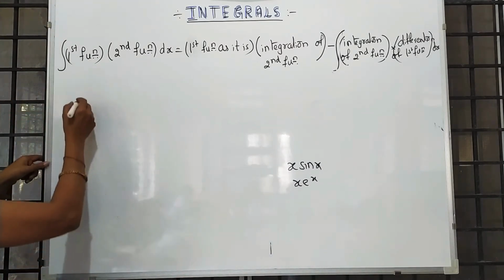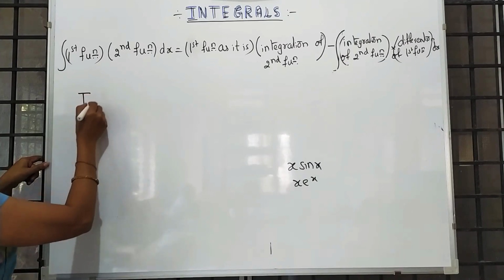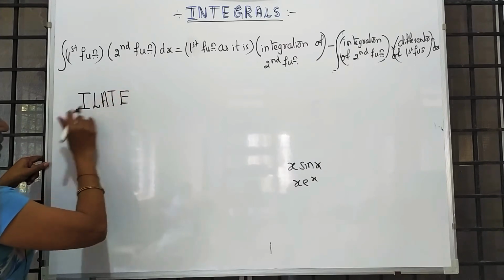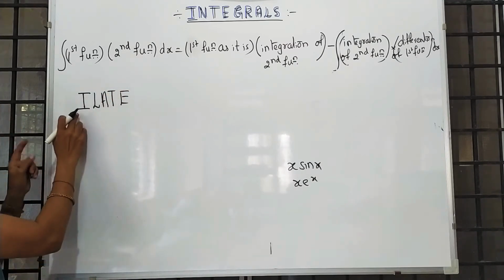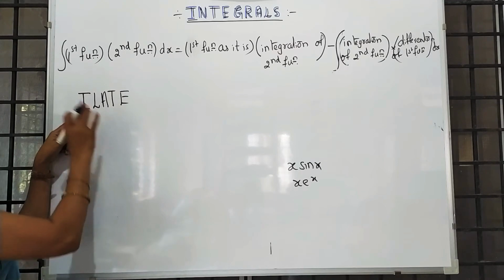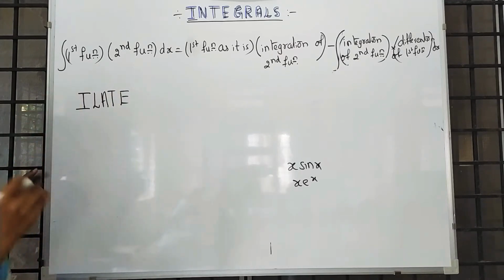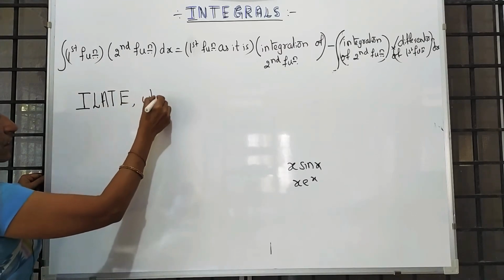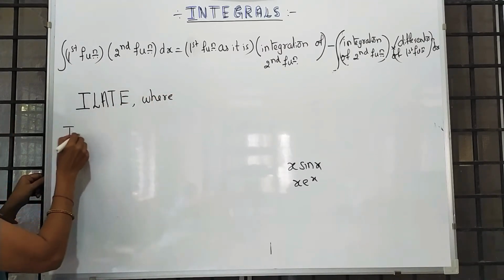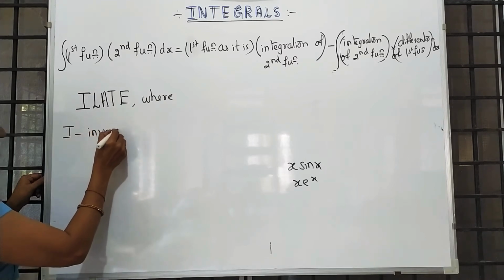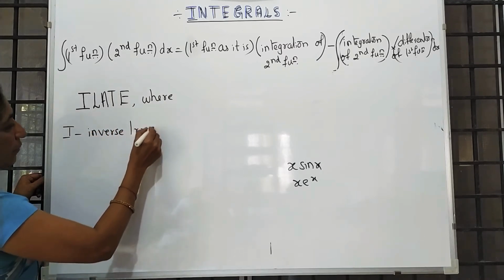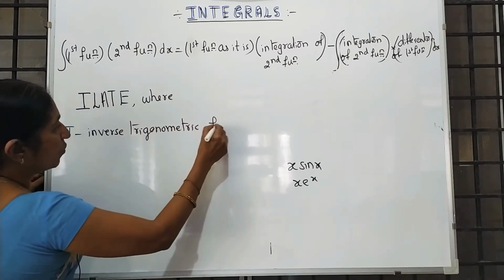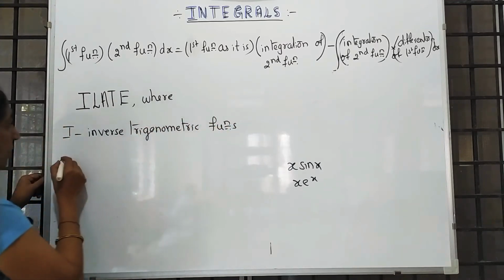Again there is a rule: we have to select the function with the help of ILATE. That means in this alphabet, first I comes, then L comes, like that. What is I? I is inverse trigonometric functions.